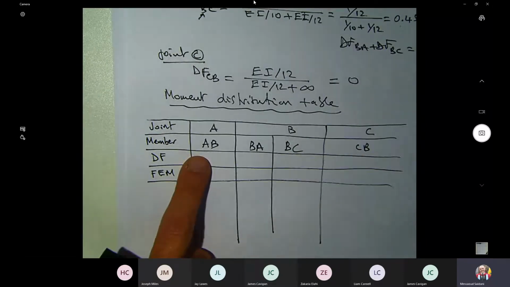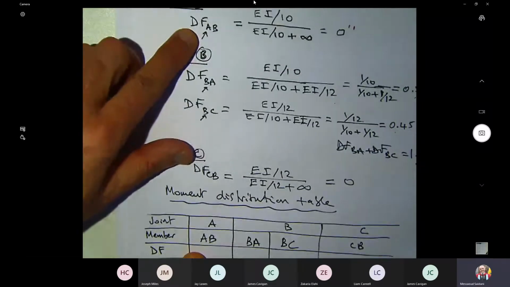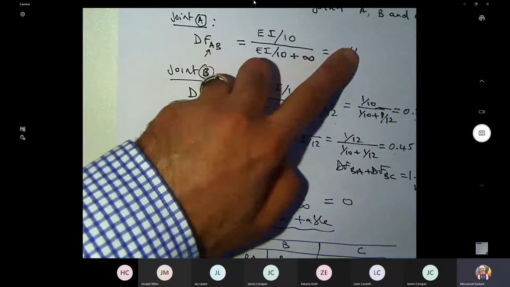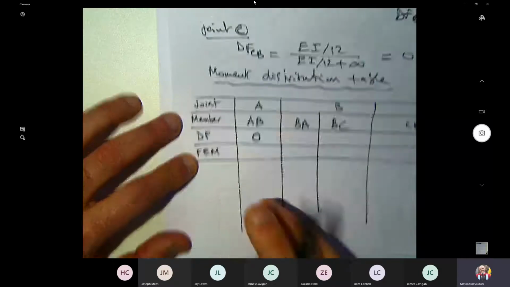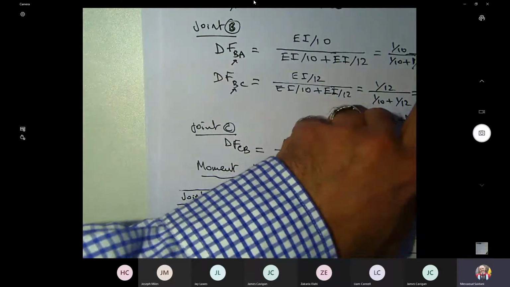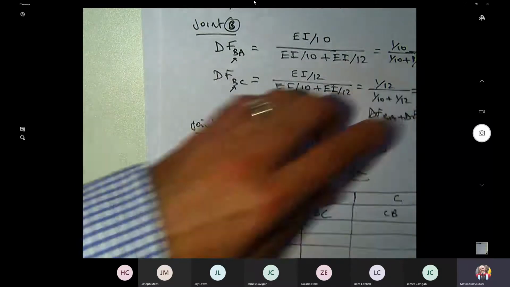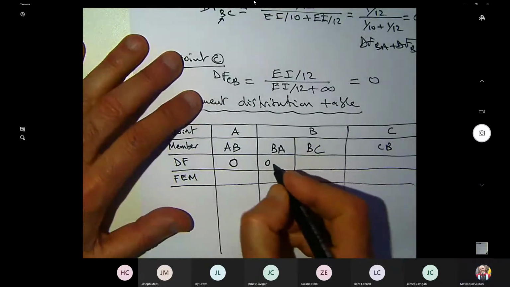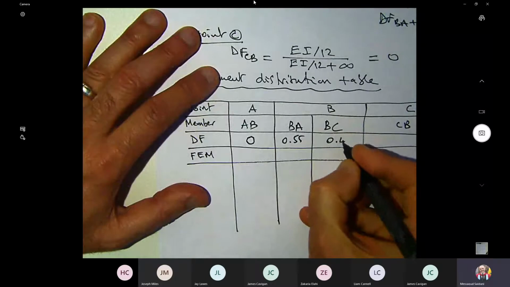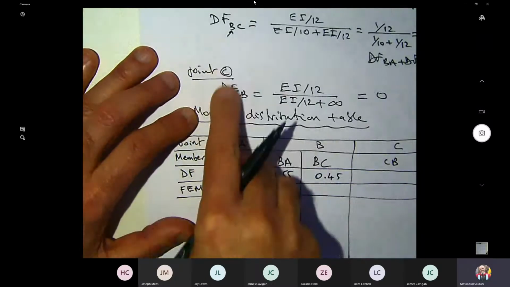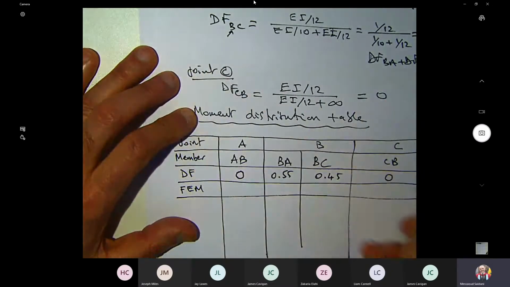Now the distribution factors, look here. For AB we have 0. For BA we have 6/11 or 0.55. For BC we have 0.45. And finally for CB we have 0.